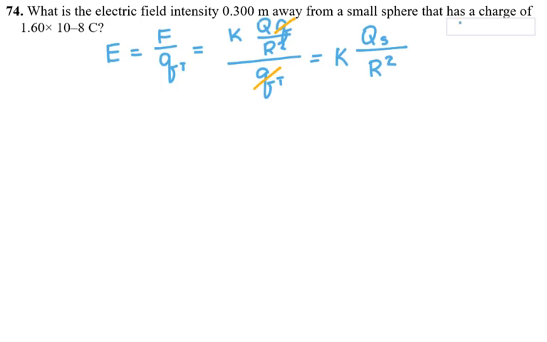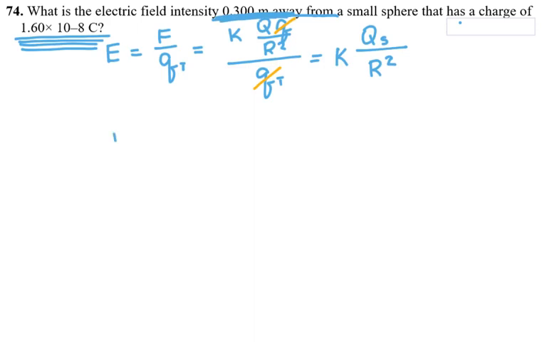Because we're talking about a point charge on a small sphere, let me see, what is the electric field intensity? They don't tell you the point, but it is 0.3 meters away from the sphere that has this charge. So this charge is the source, and this is how far away from the sphere we are testing how strong the electric field is.